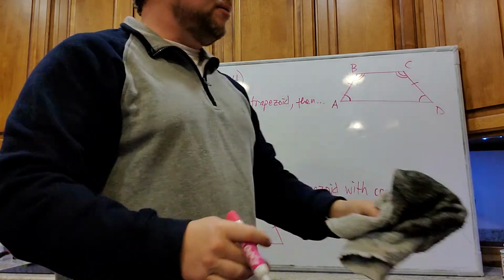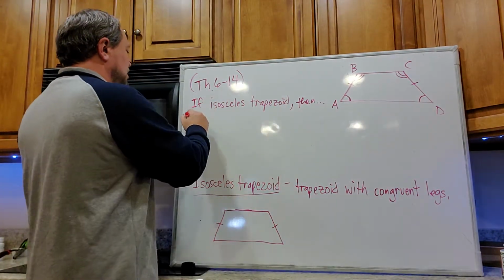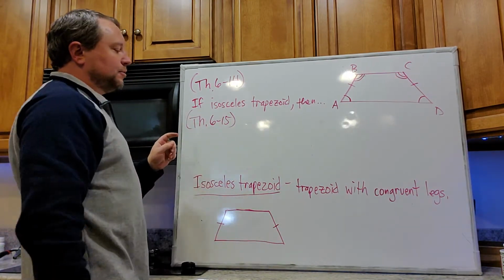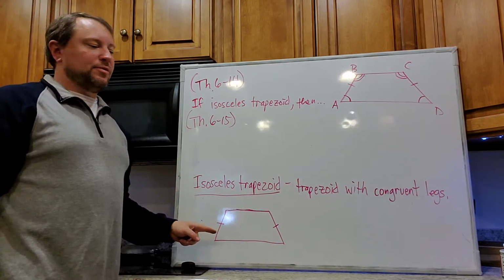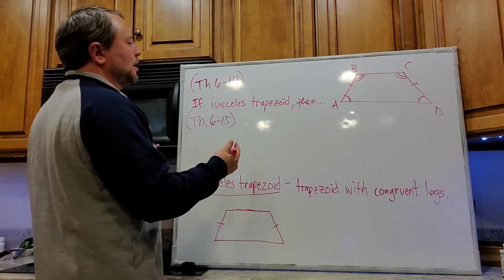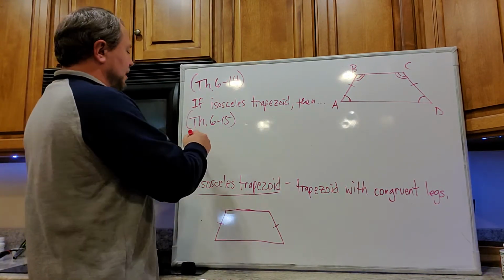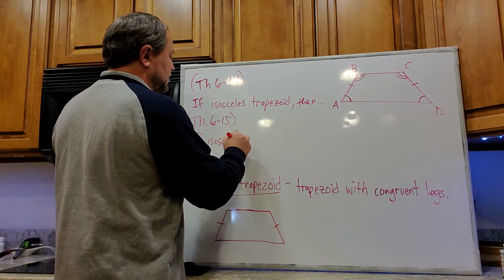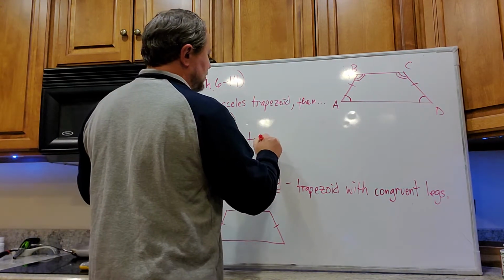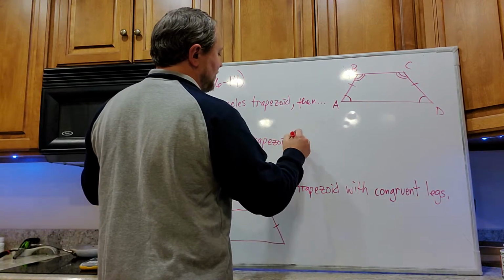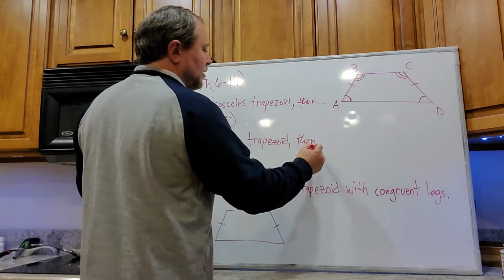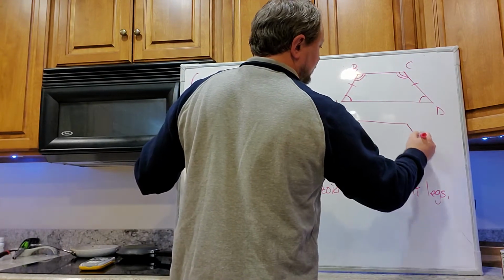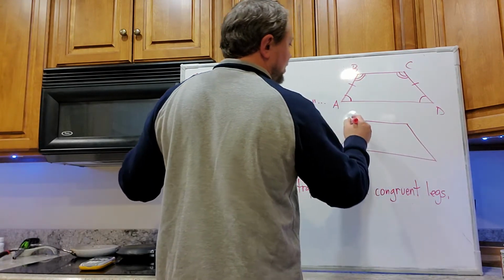Okay, there's another theorem, Theorem 615 also, that's true about isosceles trapezoids. Okay, and in this one, if it's an isosceles trapezoid again, there's my isosceles trapezoid again.